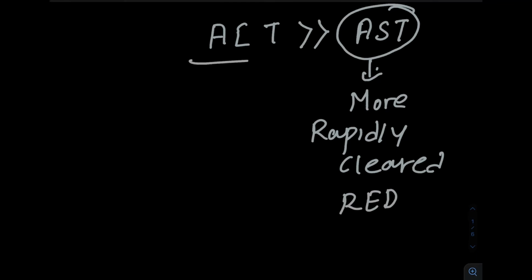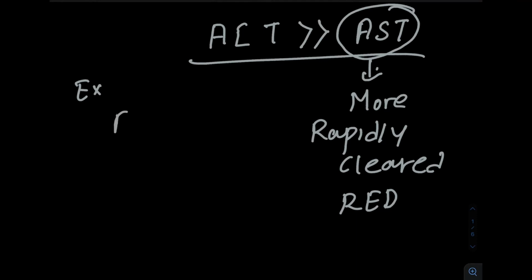So that is the reason why ALT is always greater than AST. Similarly in disease conditions as well, when there is cirrhosis or due to any other causes, the rise is always greater in the case of ALT than AST. But there is one exception to it.